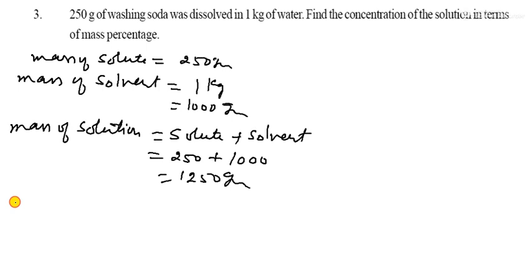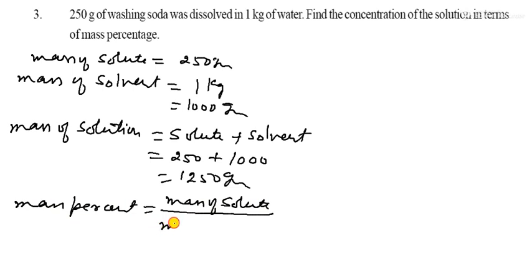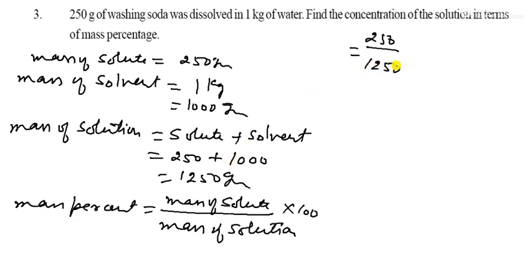So mass percent, do you know the formula? Mass percent is equal to mass of solute upon mass of solution into 100. So you can put the values. Here the mass of solute is 250, and the mass of solution is 1250 gram, into 100.